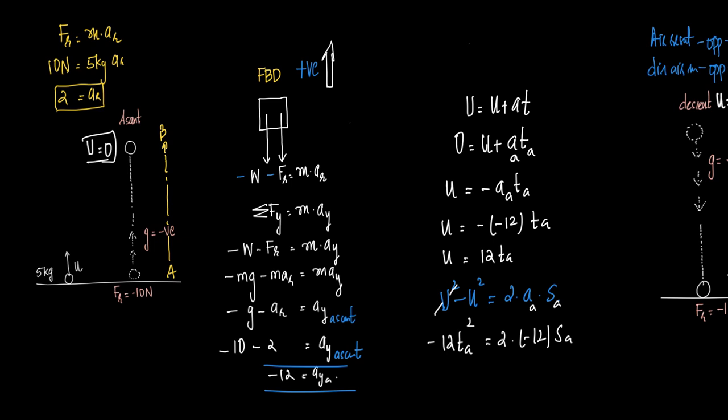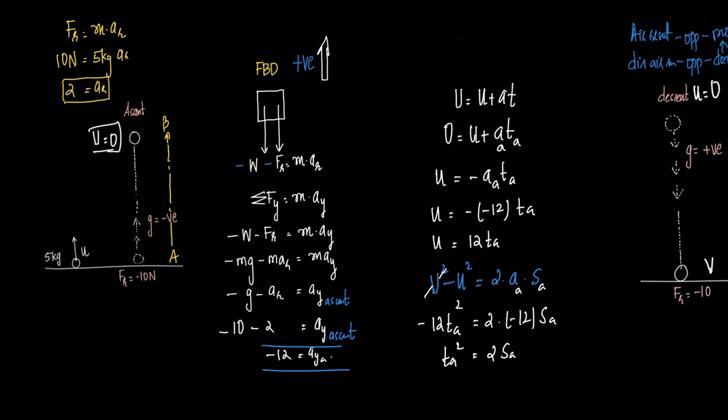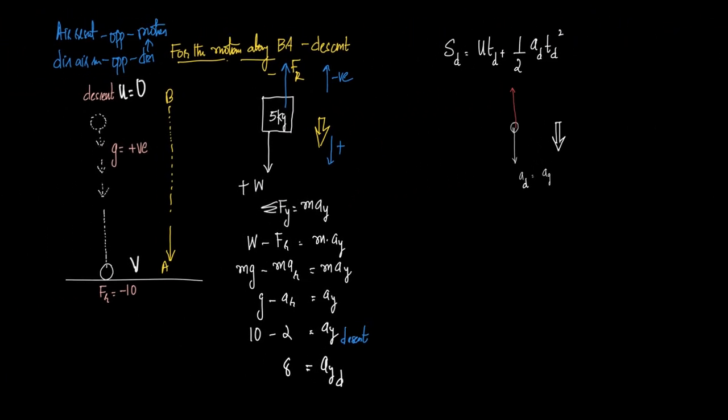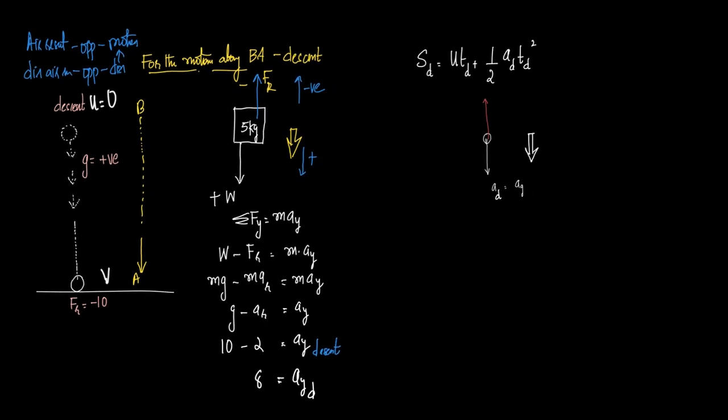Now minus 12 over 12 is 1. So what we get is t_a square by 2, or we can say t_a square is equal to 2 times s_a. Okay. For those people who are watching it offline, I would suggest that you pause your video here and do the rest, the second half of the question, on your own. Things will become really clear to you.